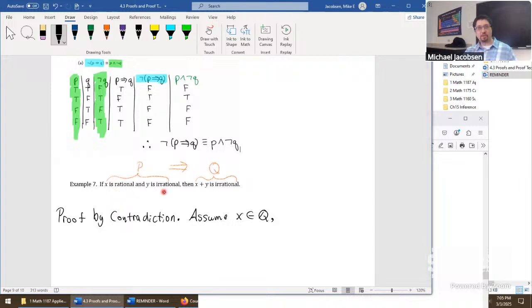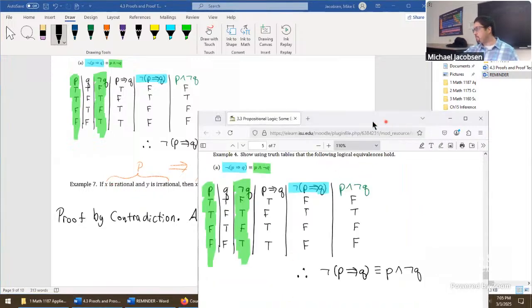We don't write down this symbol a lot, but we can. That means Y is in the set I, irrational numbers. Let's just define that since it has not been used a lot in this course. Set of irrational numbers. So we're assuming a rational number and an irrational number.